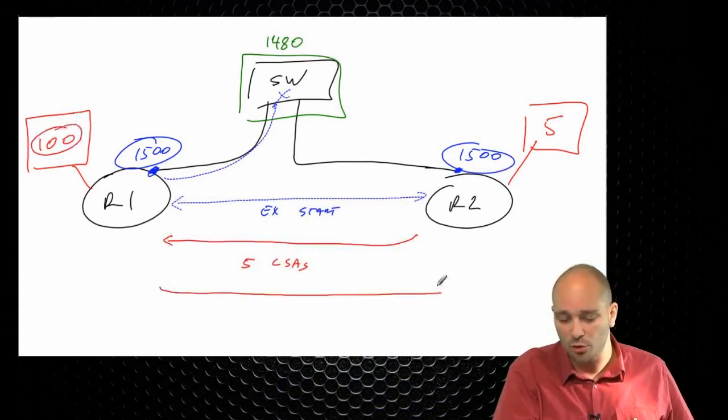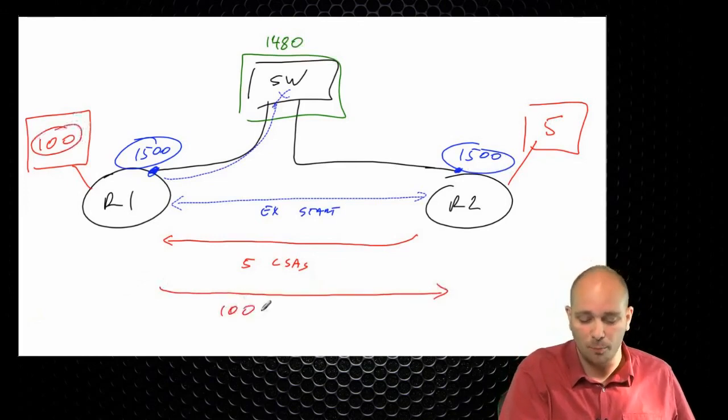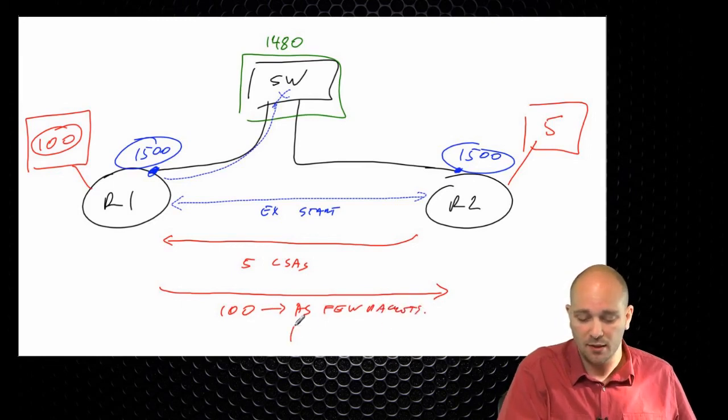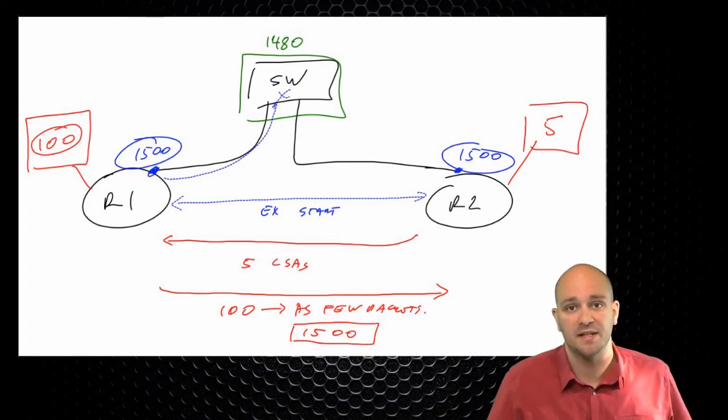What OSPF is going to try to do is pack 100 LSAs into as few packets as possible, which means that the first packet is very likely going to be 1500 bytes.